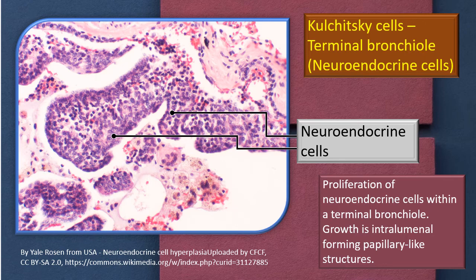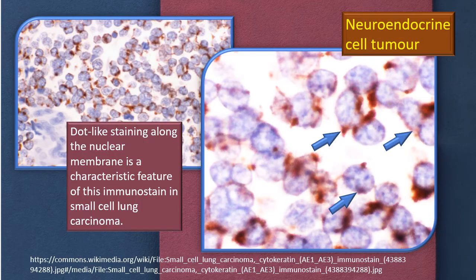That's the point you need to note in this neuroendocrine cell. These cells, to recall, you must have heard of APUD, system of cells in other system. This also gets classified into that group of cells. Next, a little bit in detail about a few of these cells, the neuroendocrine cells. You can see dot-like staining along the nuclear membrane.